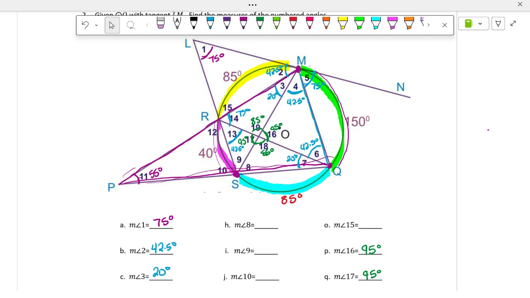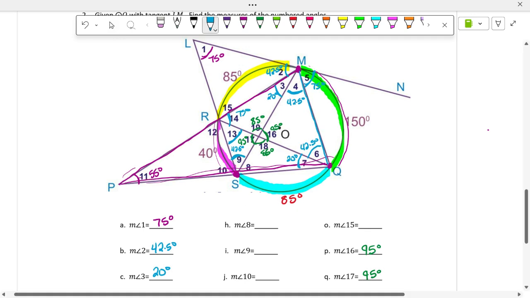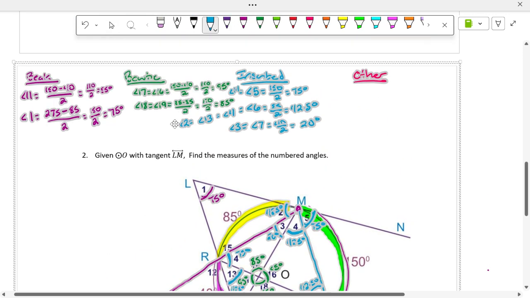So 9, say it again. 9 is, good. So 9 is, what's the arc that intersects? 85, good. So that would also be 42.5.